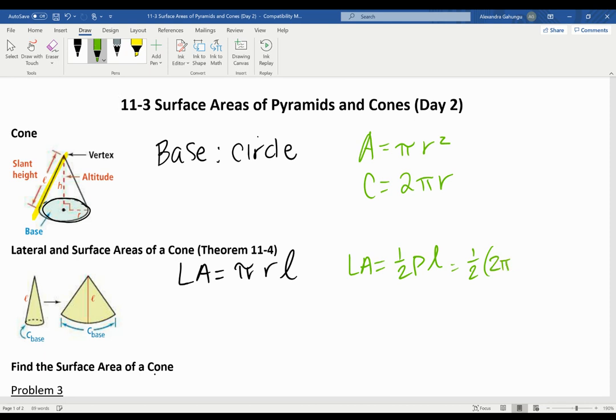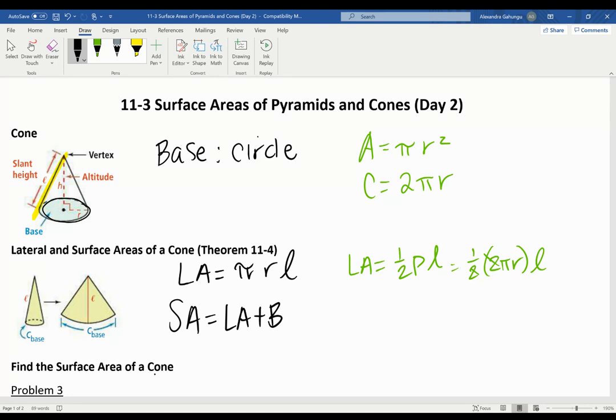So it's 2 pi r times the slant height, and those cancel, and that's how we end up with pi r L. The surface area, lateral area, plus that one base that we have.